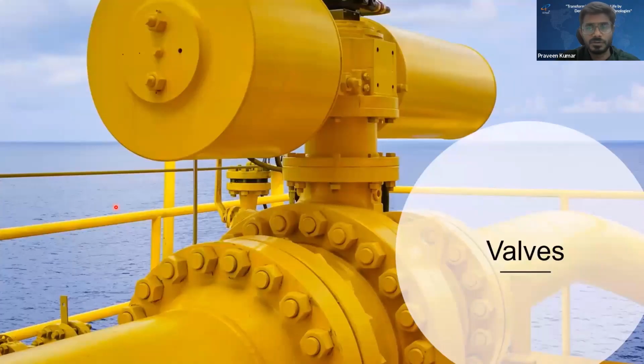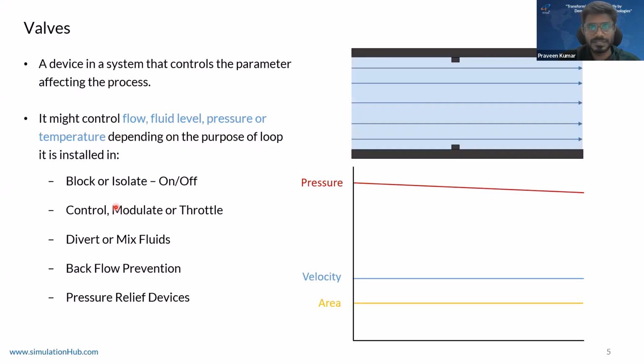Okay. So what are valves? These are devices that are part of a loop or a system that controls certain parameters in the process. The parameter could be fluid flow, pressure or temperature. Depending on the application, they are classified into different categories. For example, if it blocks or isolates a fluid, then it is called an on-off valve.